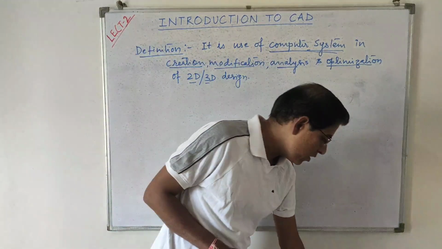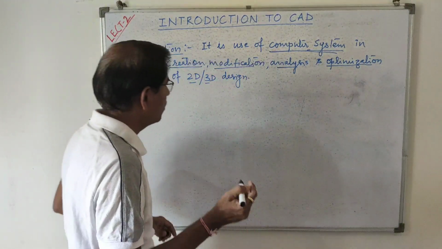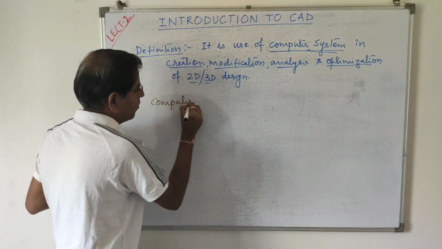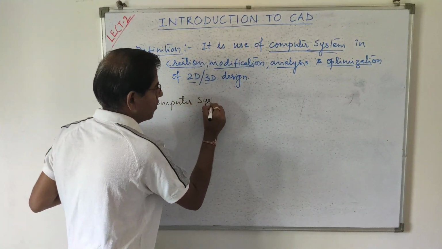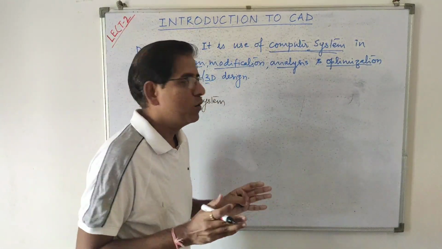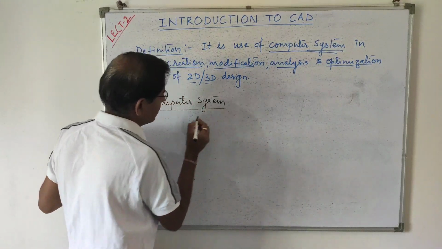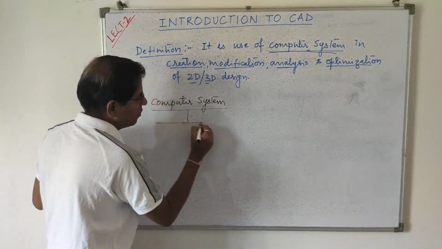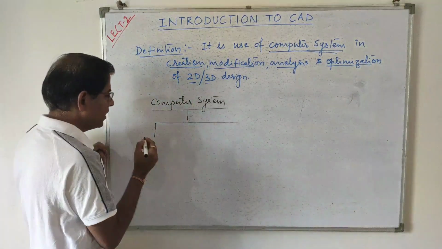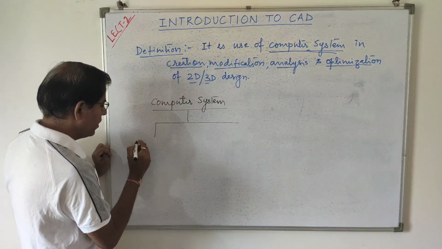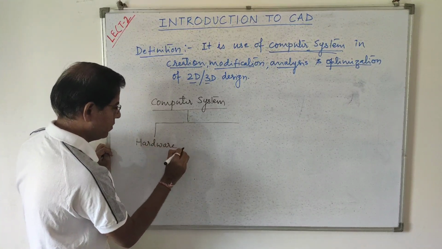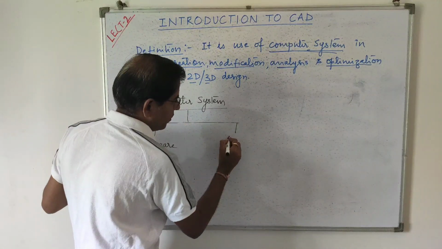What do you mean by computer system? So, a computer system, or say computer, consists of basically three parts, that is hardware and software.